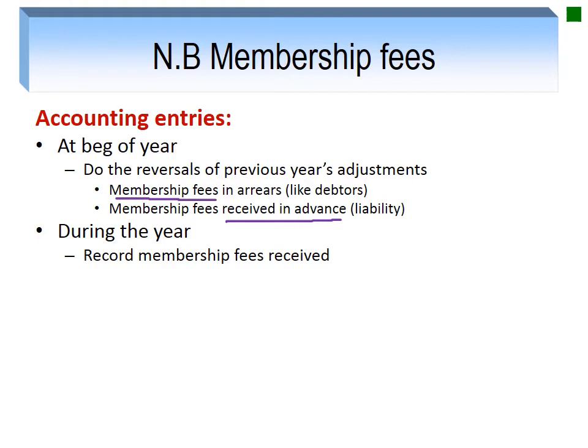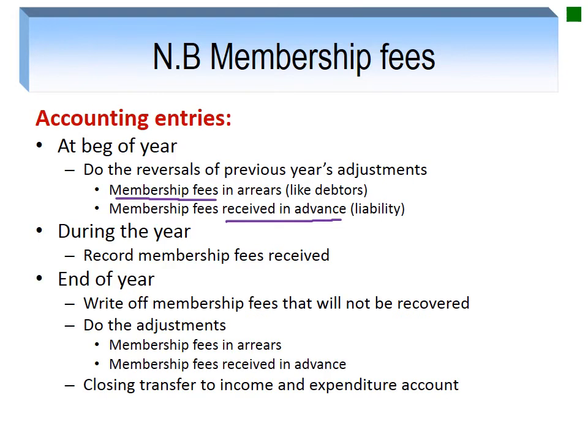During the year, we're going to record the actual membership fees that we physically receive, and then at the end of the year, we're going to write off any membership fees that won't be recovered. That's like a credit loss. And then we're going to do adjustments for membership fees in arrears and membership fees received in advance.